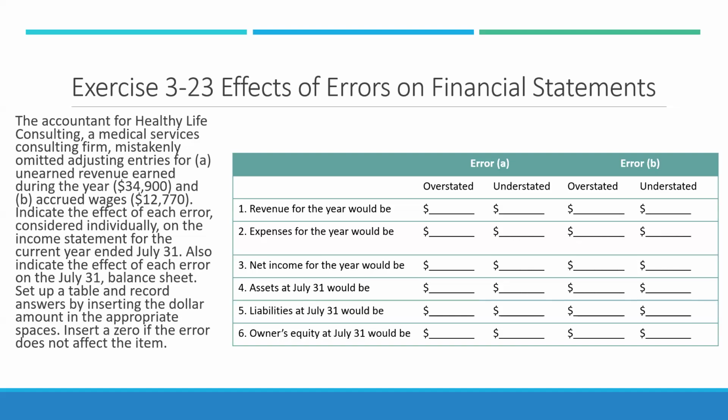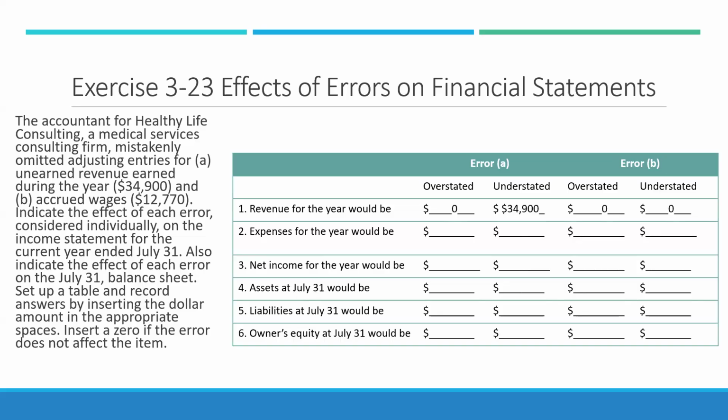So if we mistakenly omitted the journal entry that 34,900 of unearned revenues were in fact earned, what does that do for our revenues if we omit it? Doesn't it understate it by 34,900?